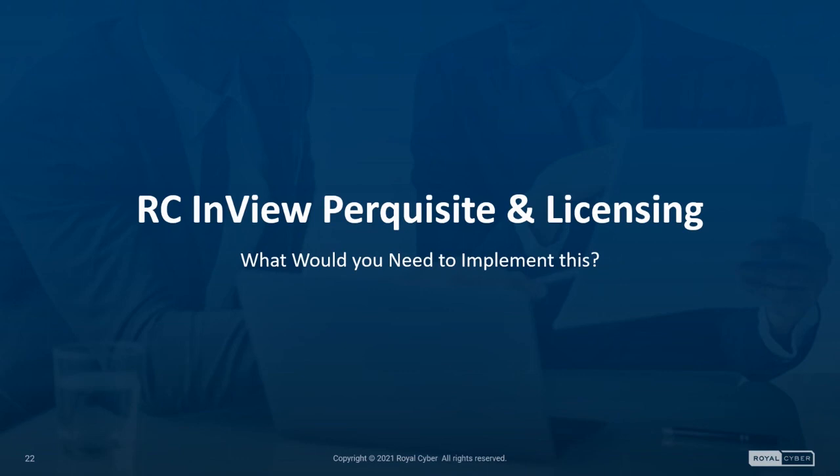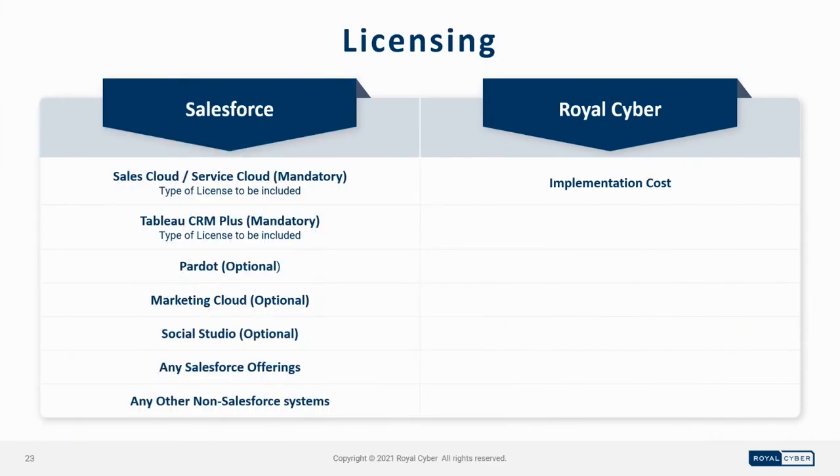So coming back to our presentation, what do you need in order to make use of our product InView? In terms of licensing, the mandatory thing is a Sales Cloud or Service Cloud license from Salesforce.